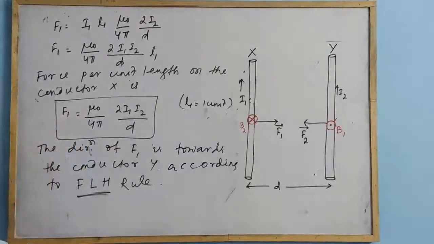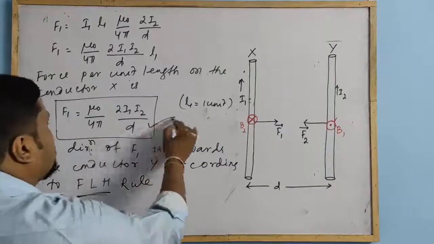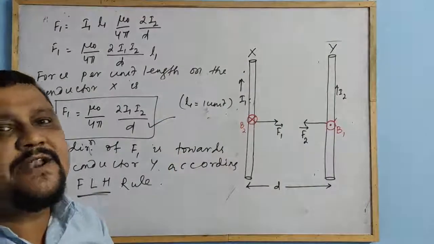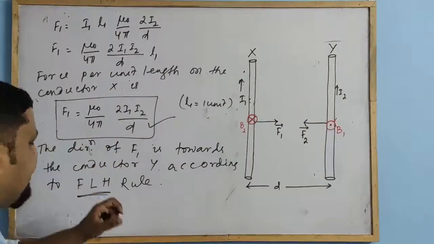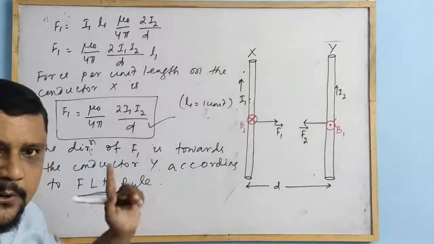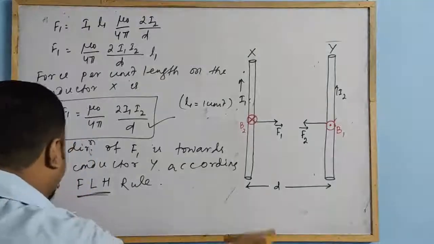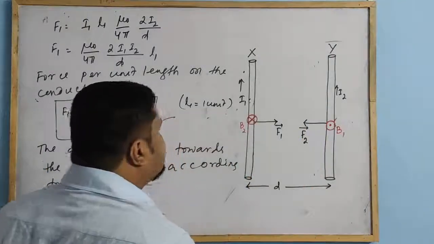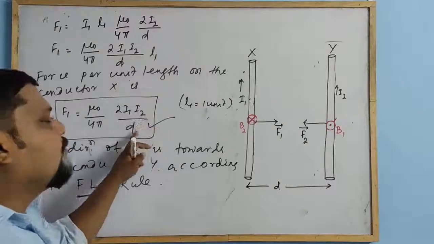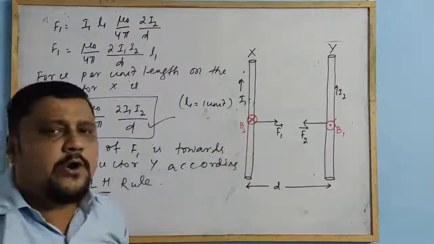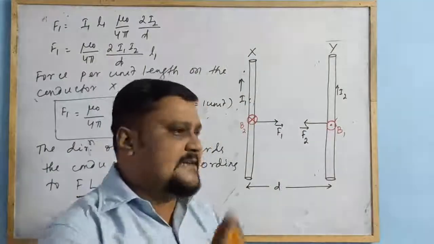So this is the formula for the force on a conductor. In general, the force per unit length when two conductors are placed is mu naught by 4 pi, 2 I1 I2 by the separation between the two conductors. Is that clear? Next point.